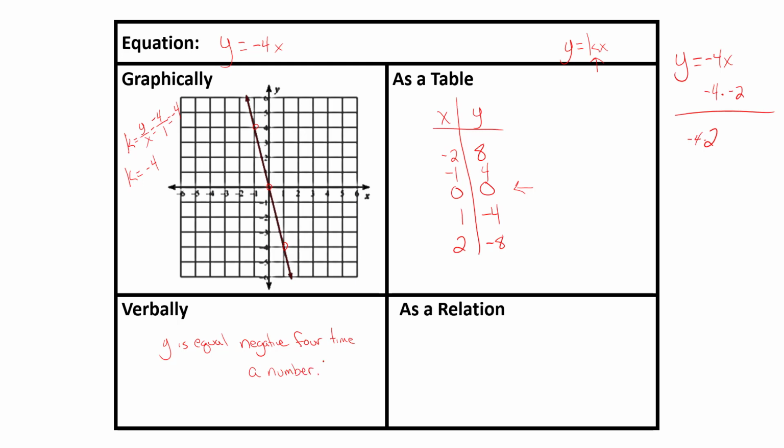That's a simple statement, but it represents our function. All right, as a relation, all of these ordered pairs that we just wrote down, they become our relation. And we move on to the next slide.